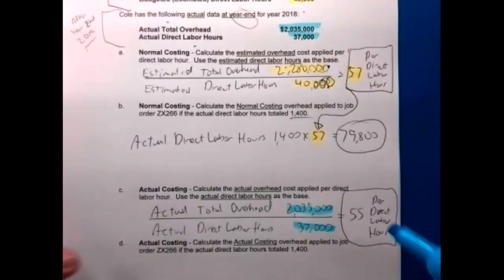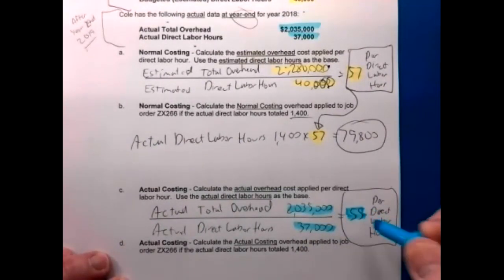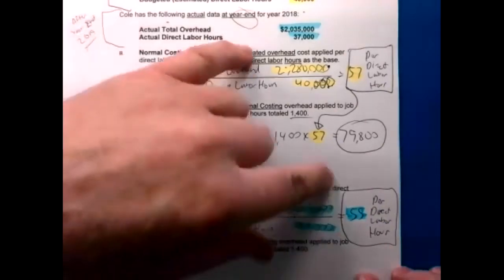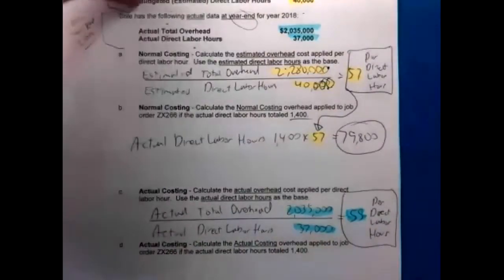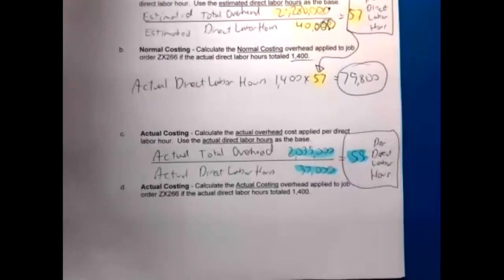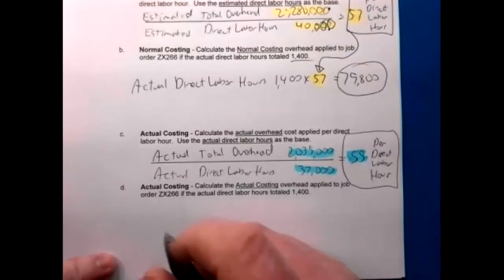All right, so actual should have been 55. And again, you're going to say, well, why don't we do that in the first place? Well, this is after year end. You can't wait all year to figure out if you're making money or not. Okay, so down here, same thing.